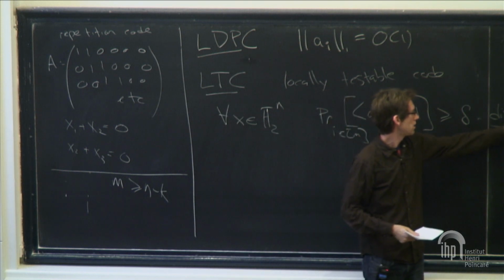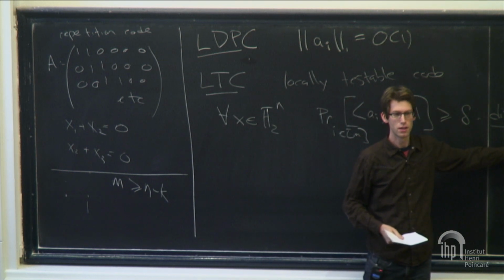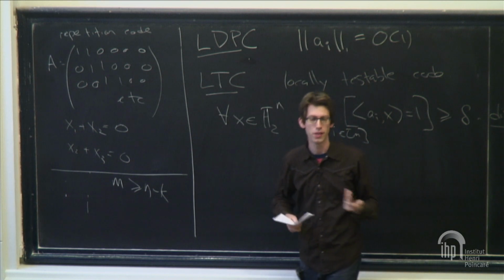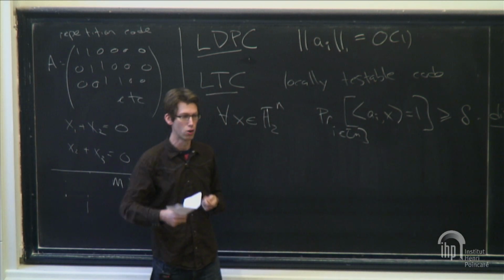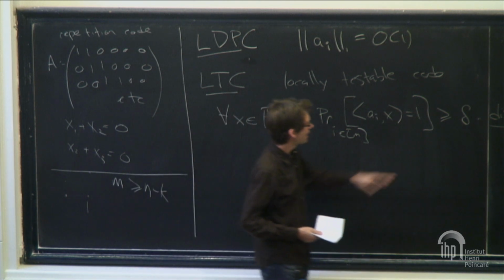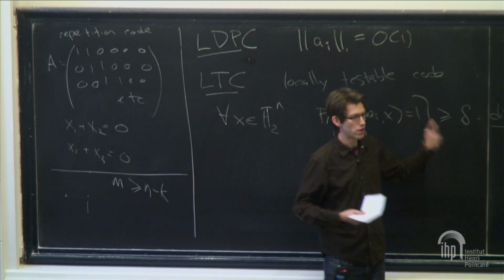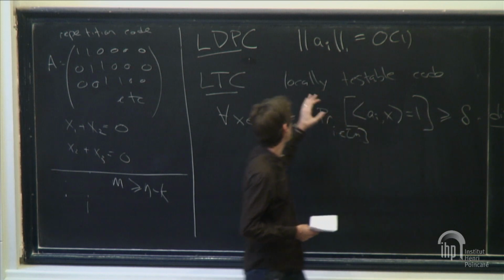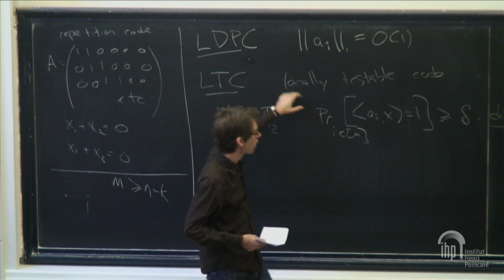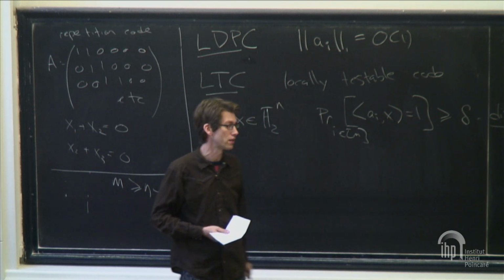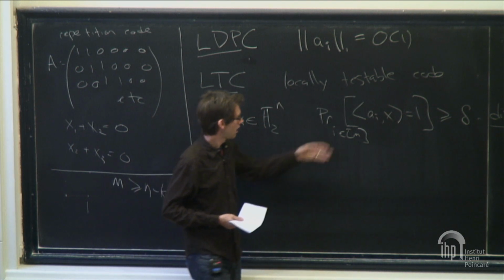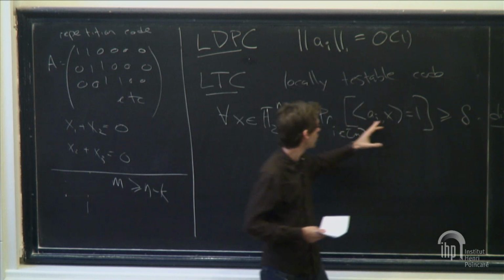So this is the distance of x to the code space divided by n, so now it's a number between 0 and 1. It's the fraction of positions where I differ from the closest code word. And delta is just a property. How good of an LTC you are depends on how large delta is. In general, we can at most hope for it to be a constant, because this is a fraction, and this is also a fraction.